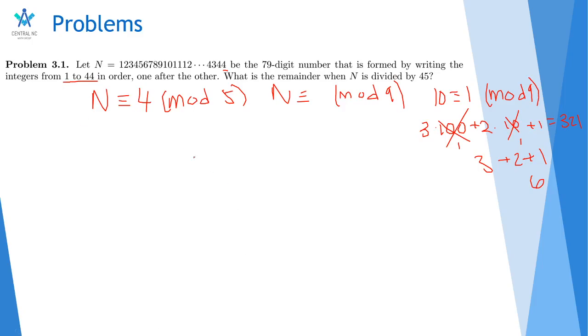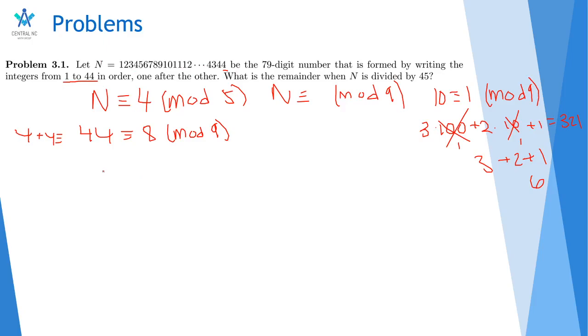So, for example, if you were to take the sum of the first 44 integers, we would have a value modulo 9. Why? Because 44 is congruent to 8 modulo 9, and so 4 plus 4 is also congruent to 8 modulo 9. So it doesn't really make a difference here since we're looking at the sum of the digits. We can just sum 1 to 44.